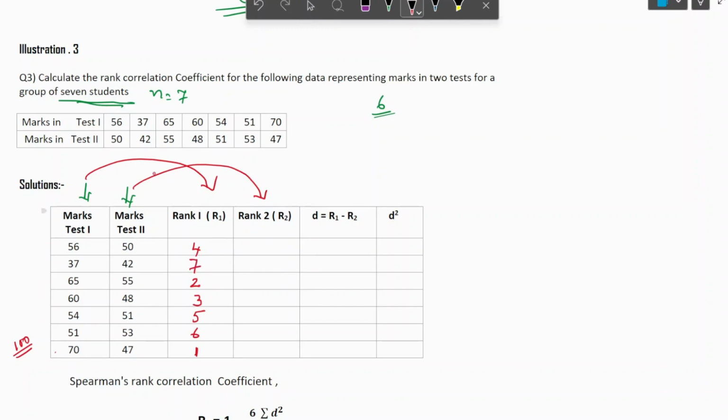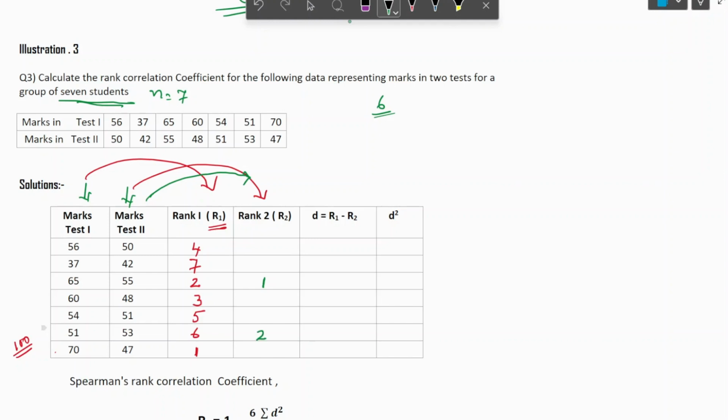That means here, the marks of test 1 we converted into rank and it is denoted by R1. Next, what you are going to do? We are going to change the marks 2 to rank 2. Same way, here just check it. Who got the highest mark? Among 50 to 47, the first, that is here 55, right? 55 marks, that is first rank. Below 55, that is coming here 53, right? That is second rank.